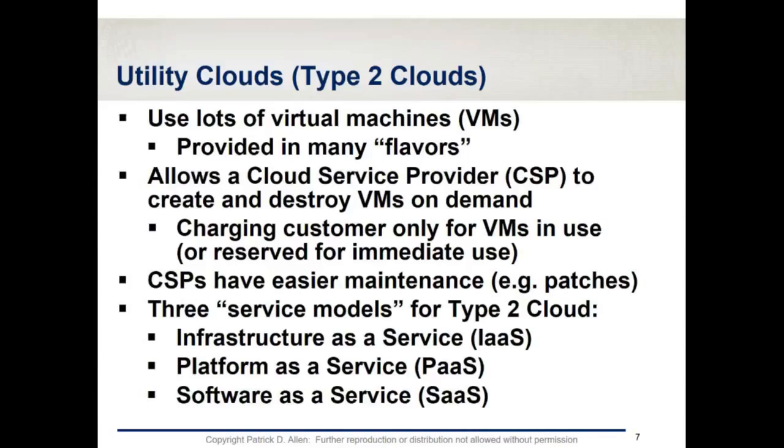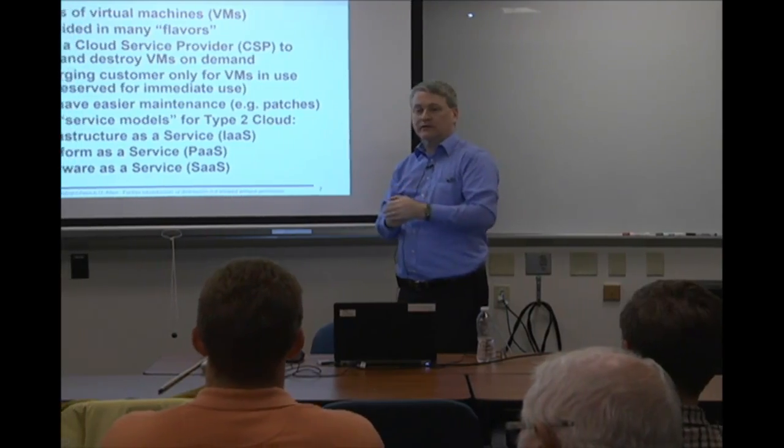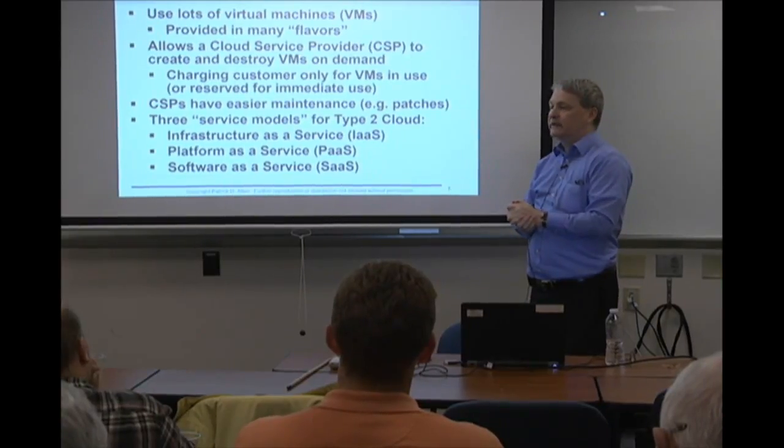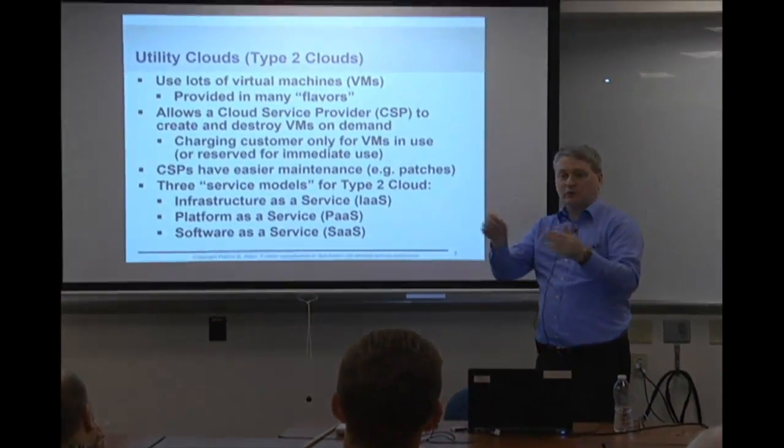Now the type 2 clouds, this is the ones where you got your compute power. So you got a lot of VMs. Everybody here know what virtual machines are? Good. Okay. When I first started doing these presentations 4 years ago, I had to include what virtual machines were. But you have different flavors of virtual machines, and you can usually pick and choose because almost every cloud service provider has a web page that says pick and choose what you're looking for.